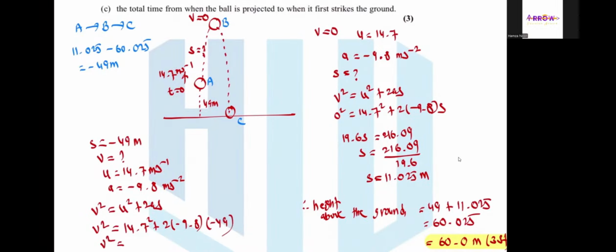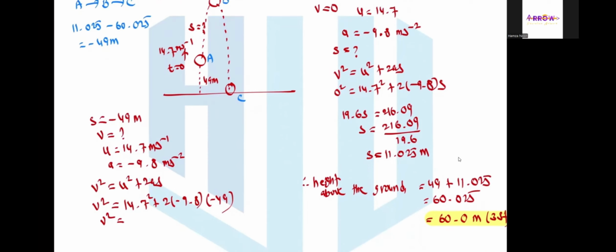So what is the value of v square? v square is 1176.49, and v is equal to plus or minus the square root of 1176.49.